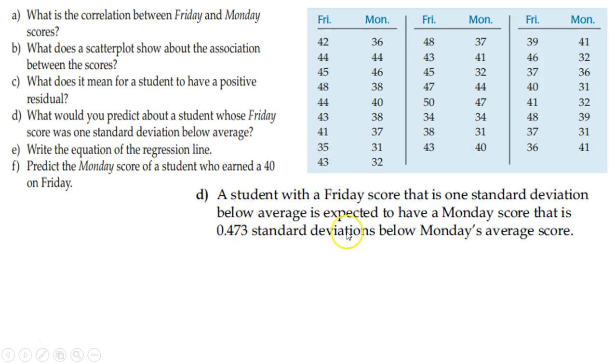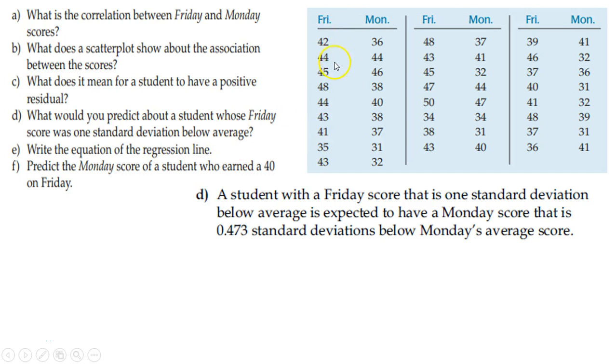And then D, a student with a Friday score that is 1 standard deviation below average. So a student with a Friday score 1 standard deviation below average is expected to have a Monday score that is 0.473 standard deviations below Monday's mean. Because it says, what would you predict about a student whose Friday score was 1 standard deviation below average, right?